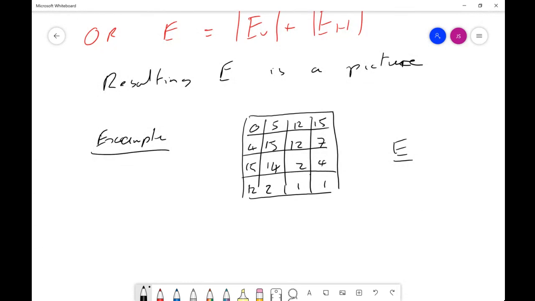So the next step is to apply a threshold. And this can be problematic. How do you choose the threshold? Well, really, trial and error. Having got your edge strength, change the threshold, physically look at it and see which is giving the best edge quality.